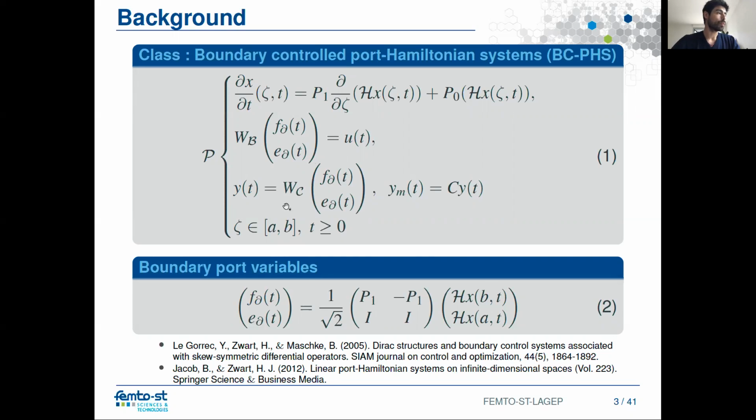We can define an output that we usually call conjugated output, which means that this output multiplied by the input are power conjugated, meaning that the multiplication is power. And in this case, for the observer design, we will consider that we can measure this y or a part of this, and this will be characterized by this matrix C.